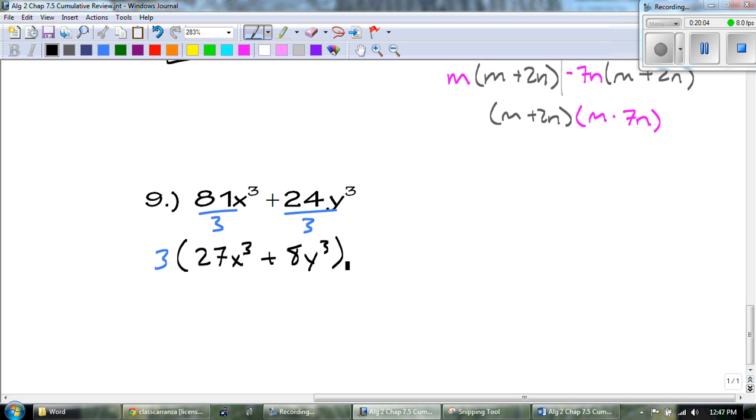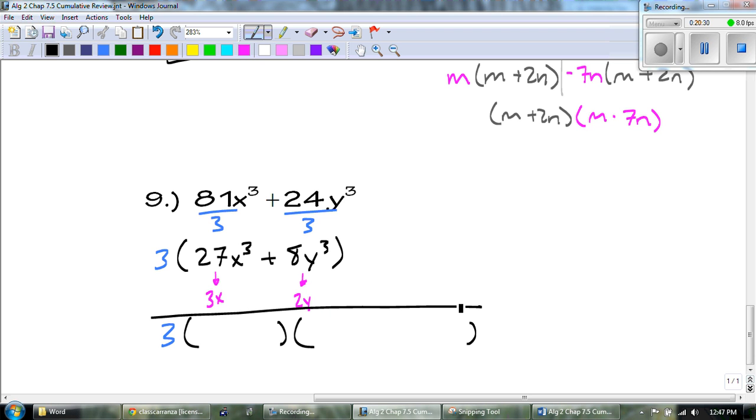Now, if you recognize this, this is going to be the sum of 2 cubes, okay? So when we take the cube root of this, we get 3x and 2y, okay? So I'm not forgetting about my GCF.